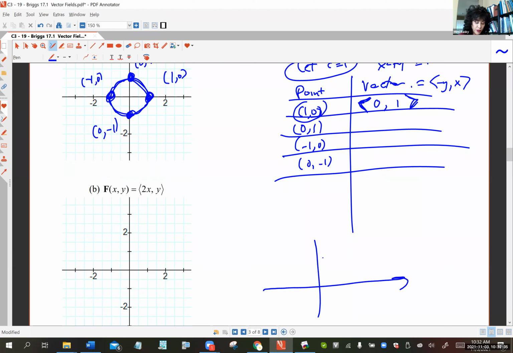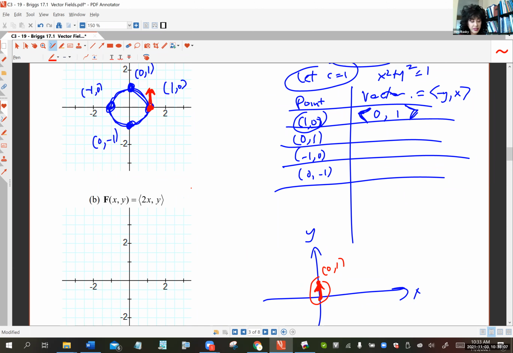What I do is I first sketch the vector <0, 1> in standard position, and that's easy because you just find the point (0, 1) and then draw a vector in standard position. Remember the initial point is at the origin. And don't leave it there. You need to translate it so that you maintain its orientation and magnitude, and then draw it so that its initial point is coming out of the point that it's associated with. So we just did that one.